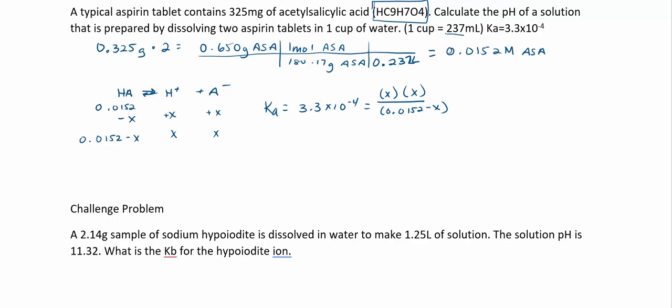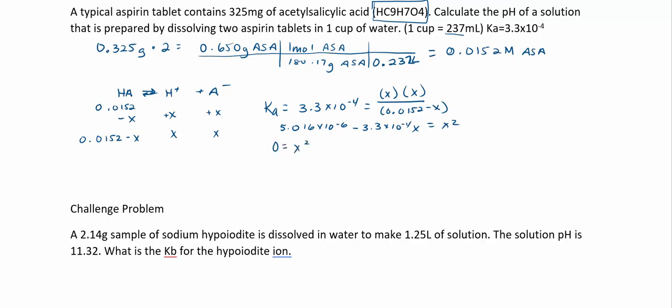And when I do that, I get 5.016 times 10 to the negative 6 minus 3.3 times 10 to the negative 4x, and all that will be equal to x squared. In order to use the quadratic equation solver, or the quadratic equation for that matter, you need to get all of your pieces on one side so that it all equals 0.